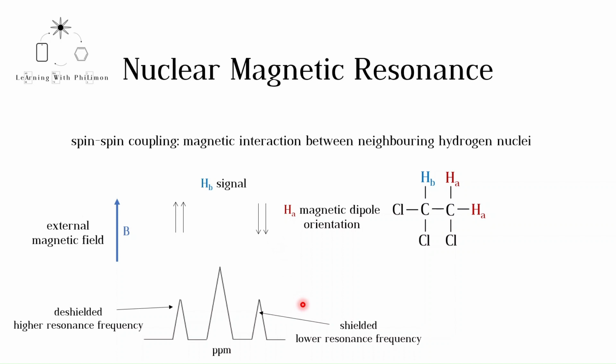However, it is also possible for one hydrogen to align with and the other to align against the magnetic field. The shielding and de-shielding effects cancel each other out. The chemical shift is unchanged. This sub-peak is taller because there are two ways to get this cancelling effect. The signal for hydrogen B is called a triplet.